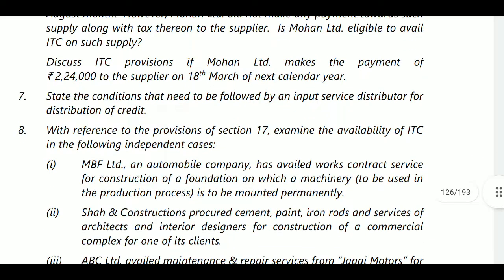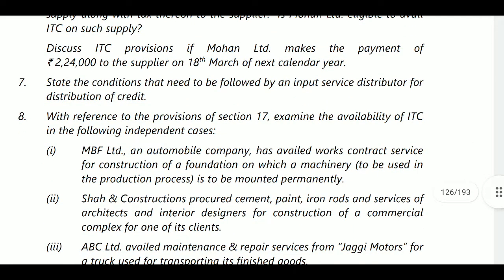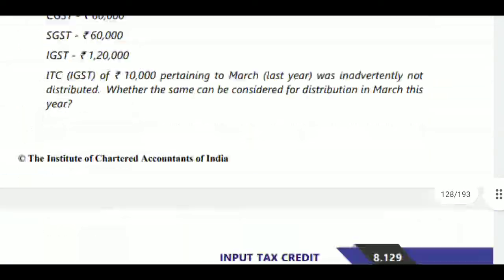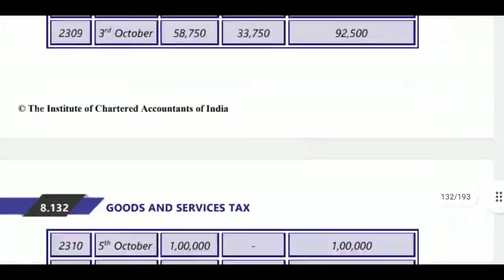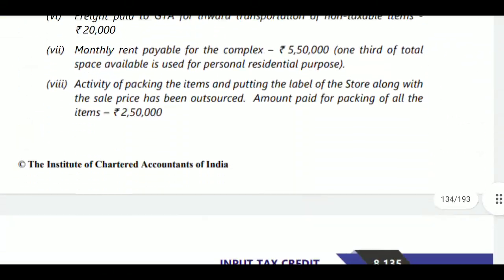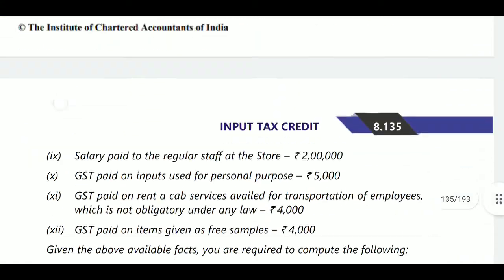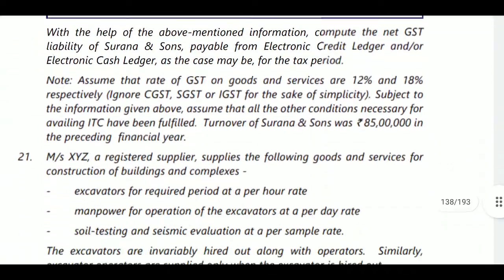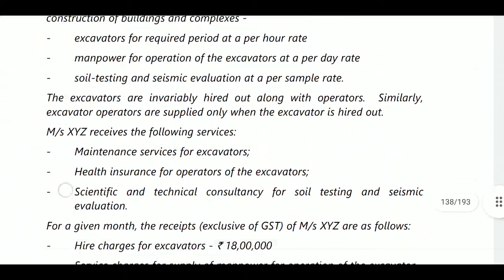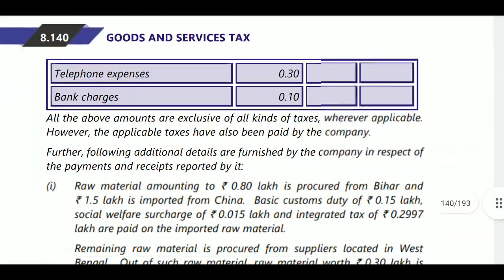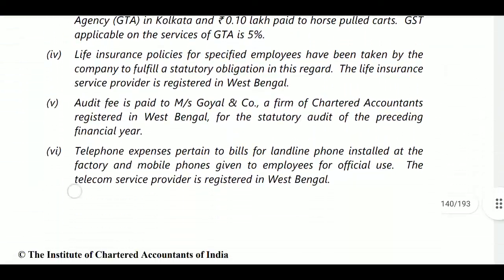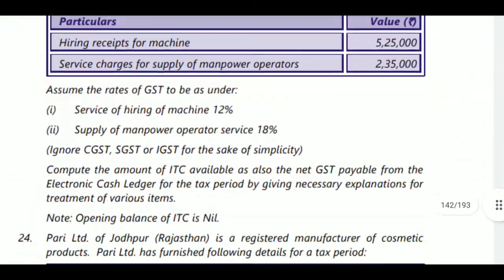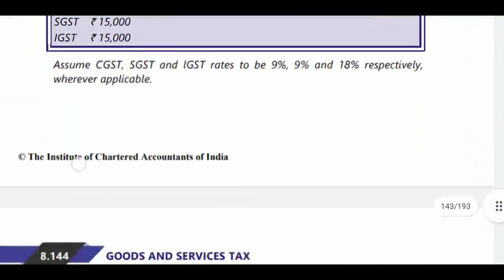Next, what is question number 7? State the conditions that need to be followed by an input service distributor for distribution of credit. For the input service distributor, there may be 10 to 12 conditions he must follow. He must take separate registration, he must issue an ISD invoice, and the distribution must not exceed the amount of credit available. He must distribute both eligible and ineligible credit, with CGST and IGST distributed separately.